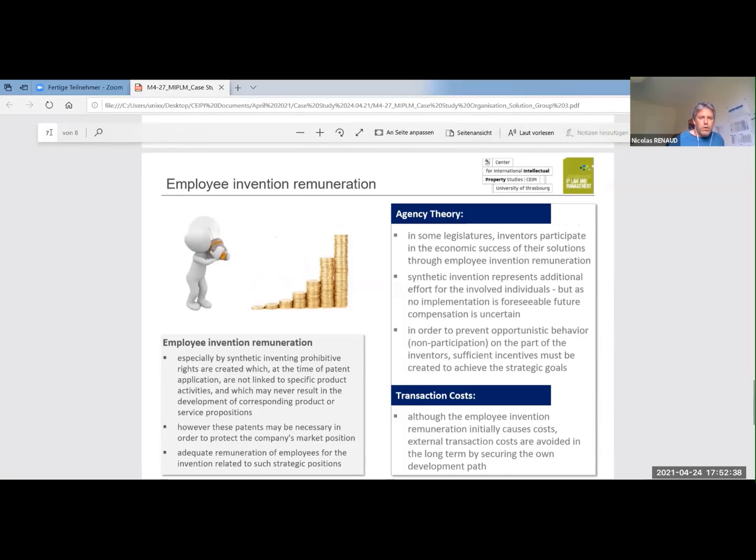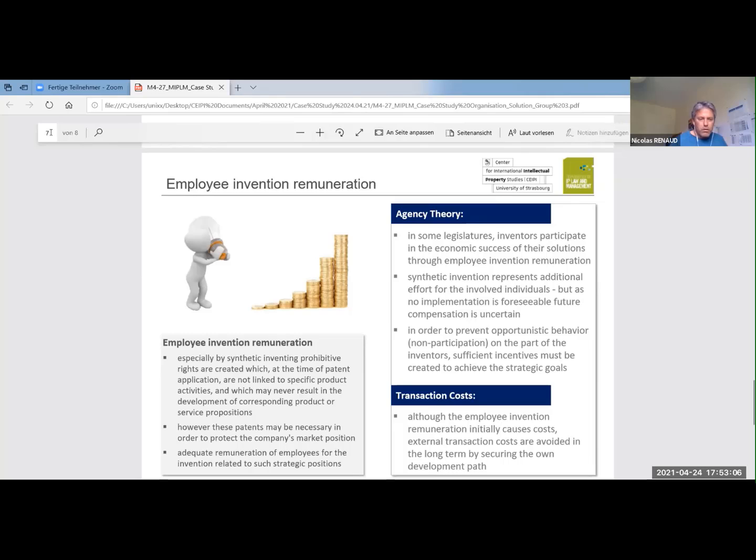So one of the intrinsic effects of synthetic inventing is actually on the employees' motivation to participate in the process. Because during synthetic inventing, we not only design IP to protect the USP, the unique selling proposition, but also IP which is necessary to build the company's market position.